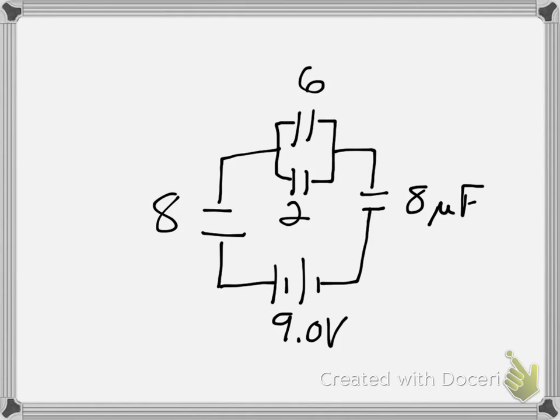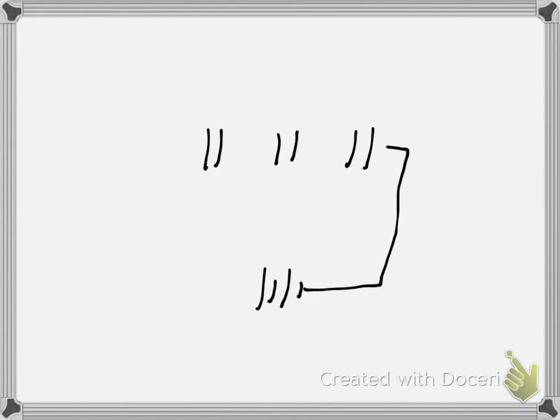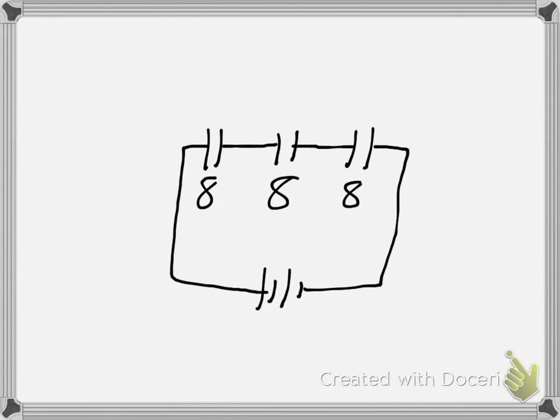Now, using the rules we just discussed, when they're in parallel, these are just going to add. So if we add those two, our equivalent circuit will look something like this, and this is just going to be 8, 8, and 8.